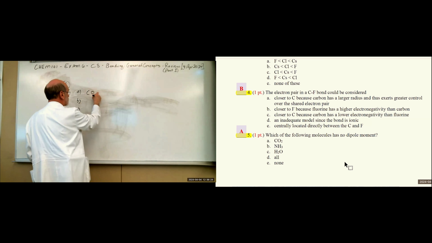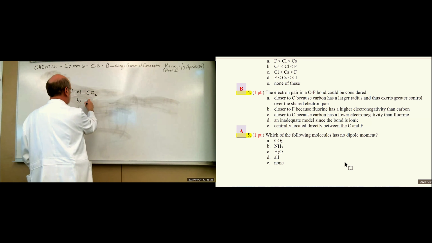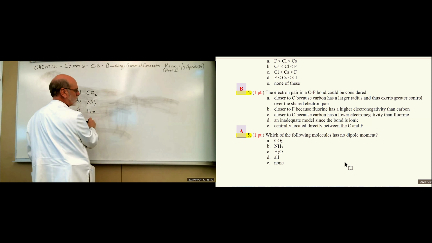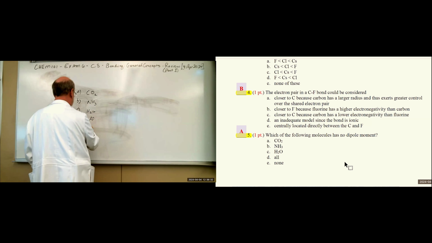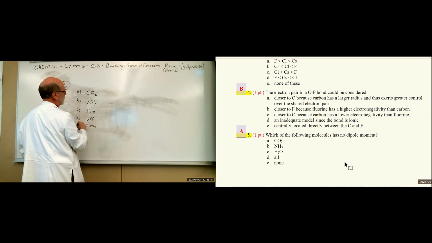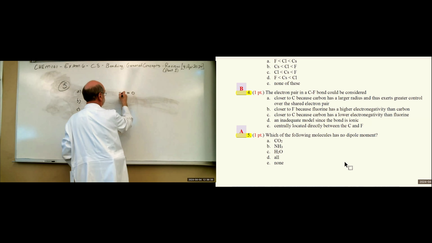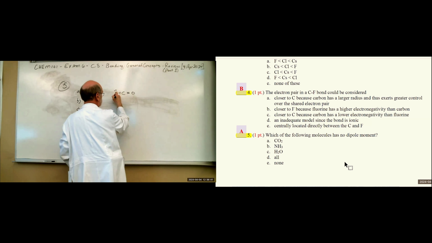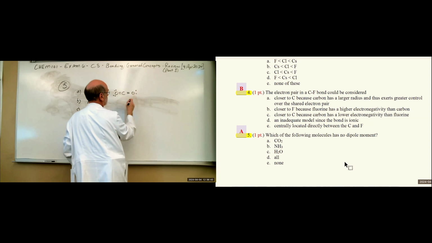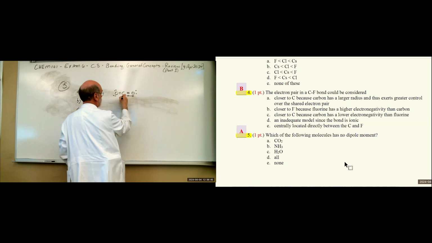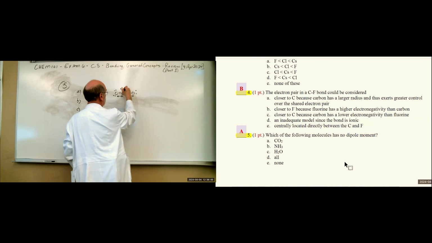So carbon dioxide, ammonia, all and none. We've drawn all of these before. We know what carbon dioxide looks like, we've drawn the Lewis dot structure for that one. You may have polar bonds this way, but they cancel each other out. So this one's non-polar.